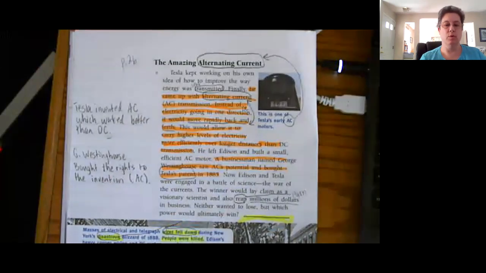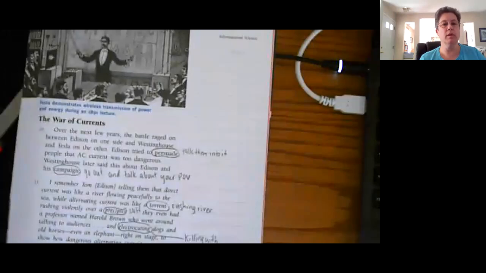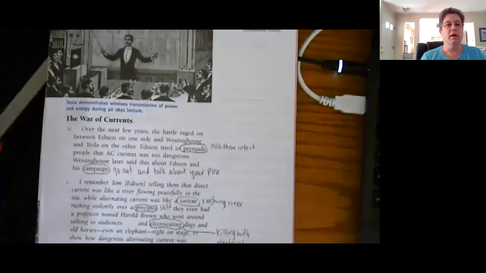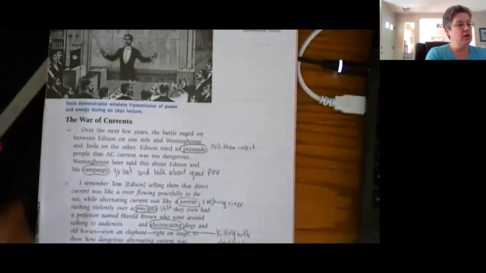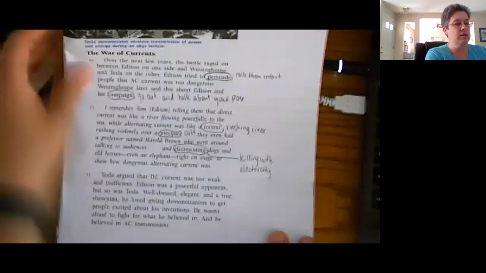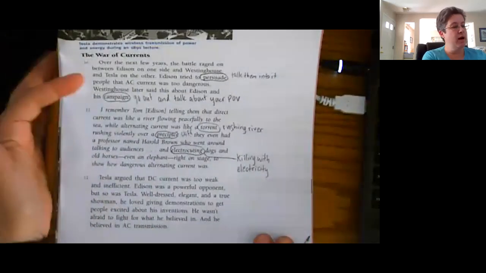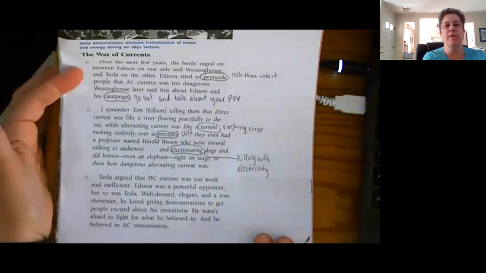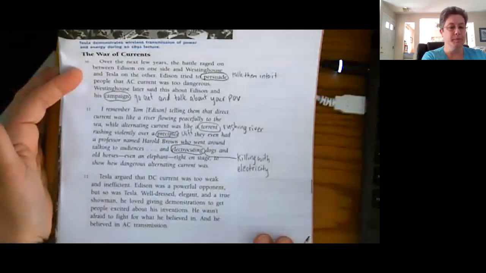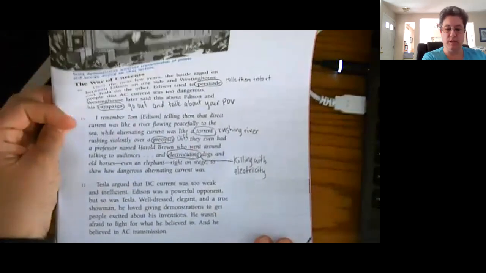Otherwise, we're going to flip our book over. Now, in this section called The War of the Currents, this first paragraph is talking about the battle between them, between Edison and Tesla, with Westinghouse backing him up. But I'm going to focus on the last paragraph.